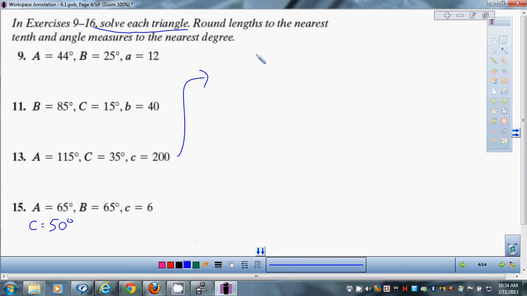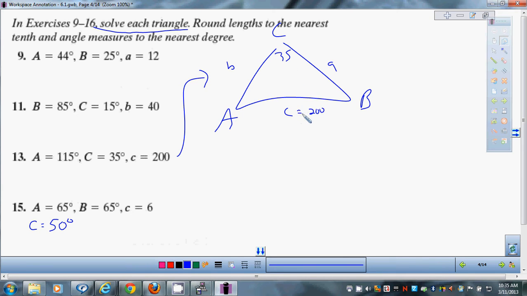Okay. You want me to label everything? C, A, B, A, B, C. Sound like a cheerleader. All right, so C is 35. C is 200. A is 115. And that's it. Okay, now Jordan, how am I going to set this up?